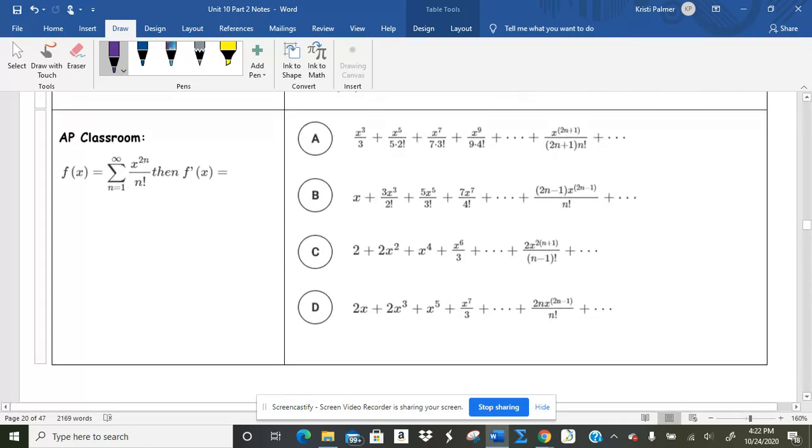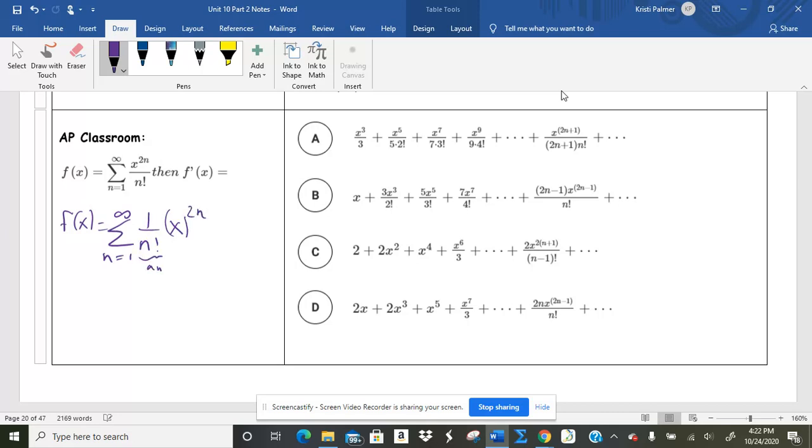So here's an example. Here's our power series, and it wants you to find f prime of x. So I'm going to look at this so that we see clearly that our a sub n is this 1 over n, and then I have it times x to the 2n. So there's my a sub n part that's going along for the ride.